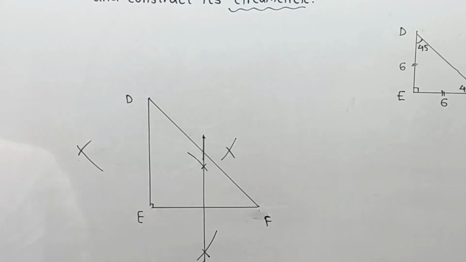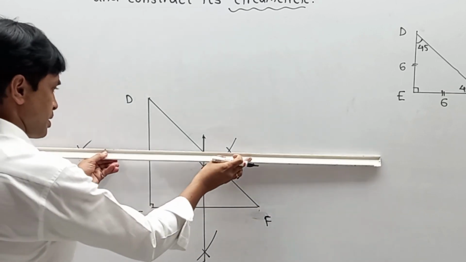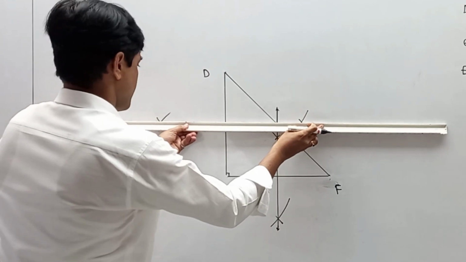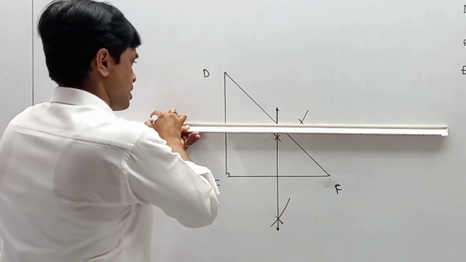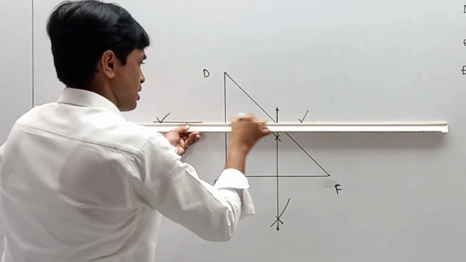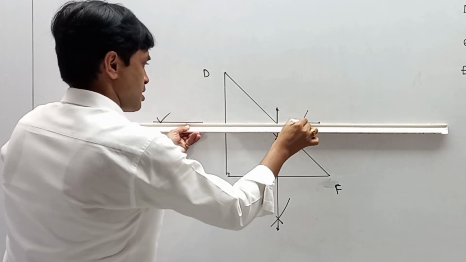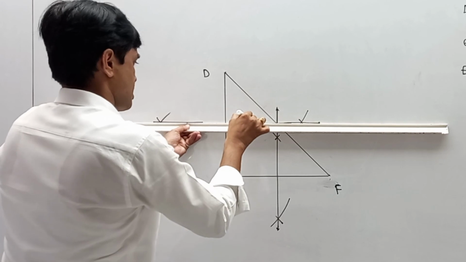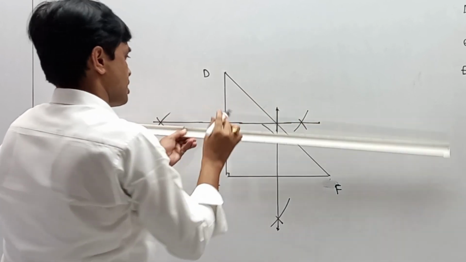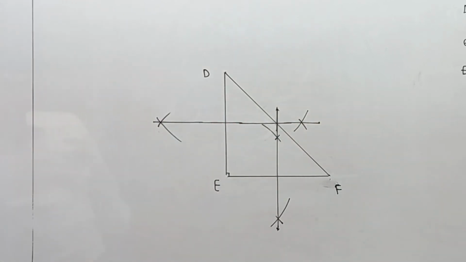Now I am going to draw a line over here. Now I have drawn one line.